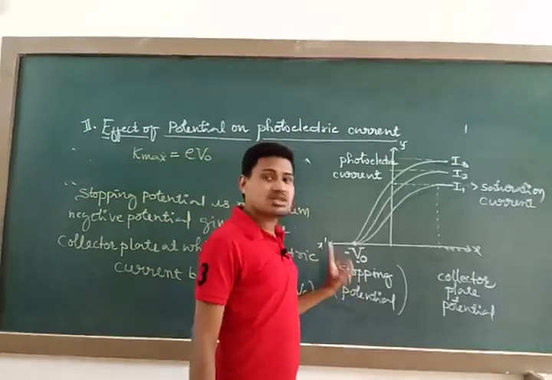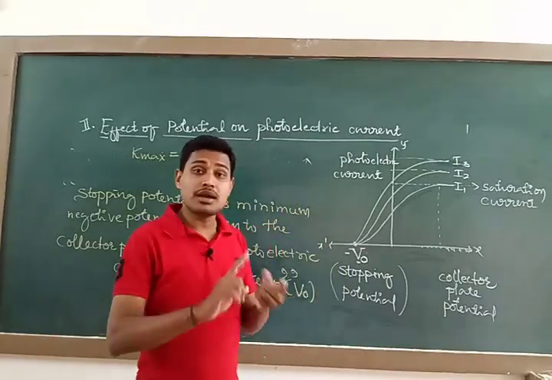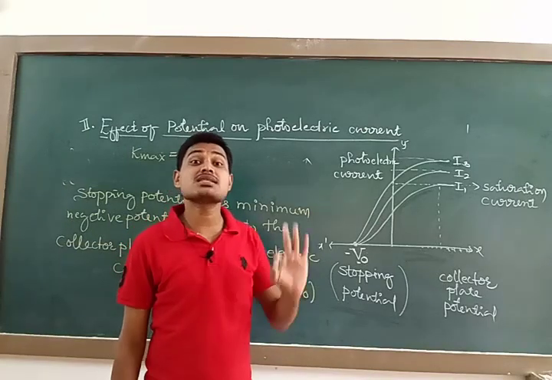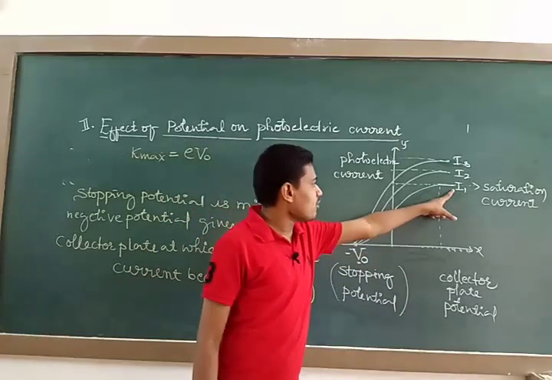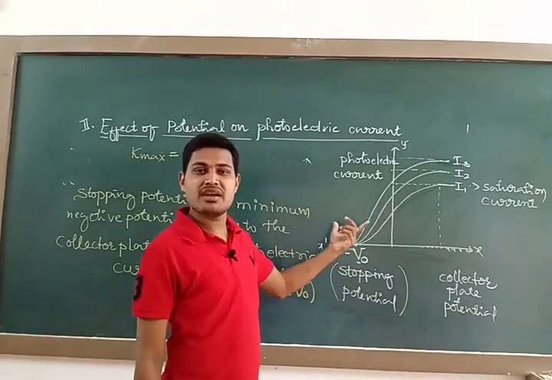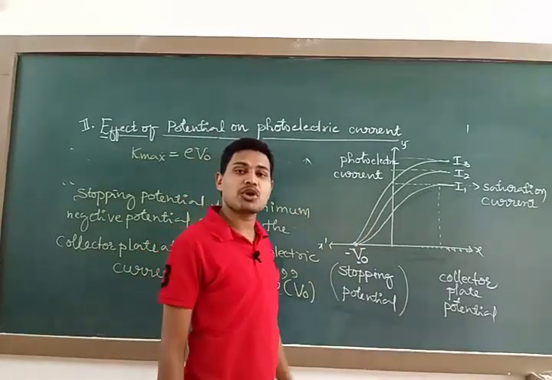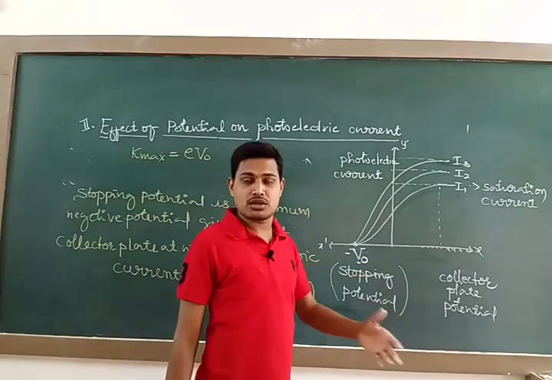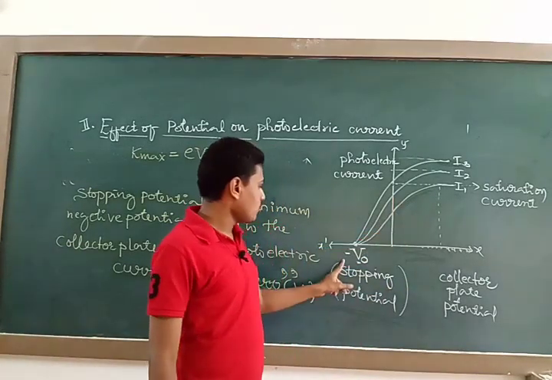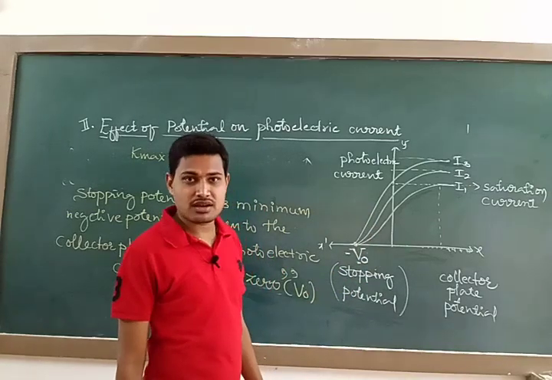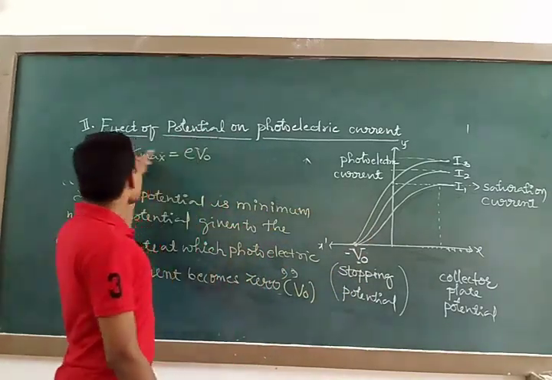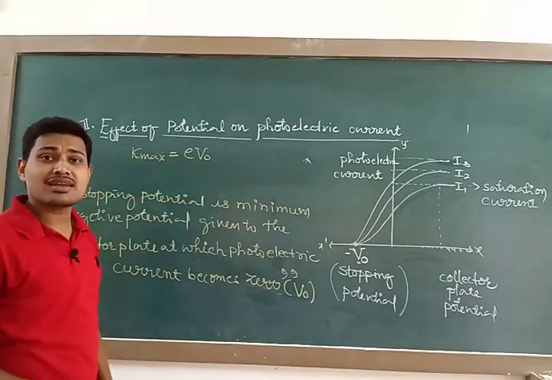Remember, this stopping potential mainly depends upon the nature of the emitter plate as well as the frequency of the incident radiation. While studying I1, we have fixed the frequency, hence we are getting only one stopping potential. If I change the frequency, I am going to get different stopping potentials. Is it clear? So this is about the effect of potential on photoelectric current.